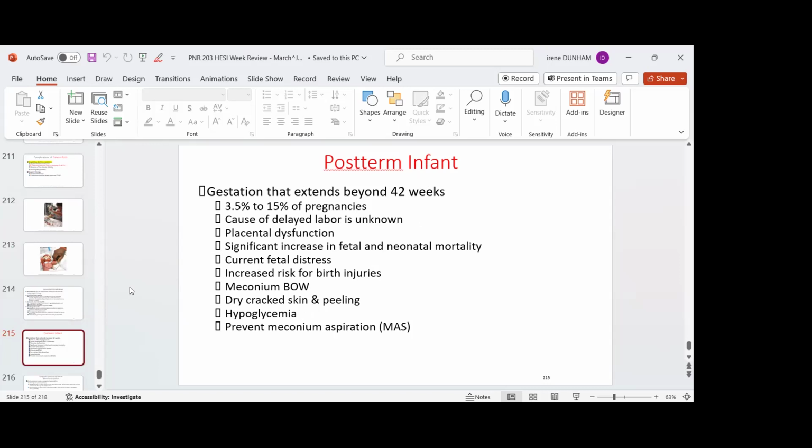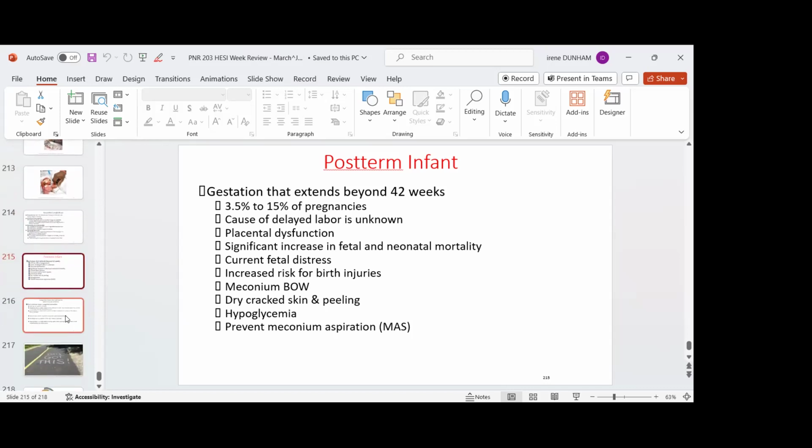And you always want to prevent meconium aspiration. If they have the meconium bowel movement in utero, then you want to make sure that when they're born, they get suctioned, okay? When the head pops out, they get suctioned so that we can remove the meconium as much as we can, because we want to prevent meconium aspiration syndrome.